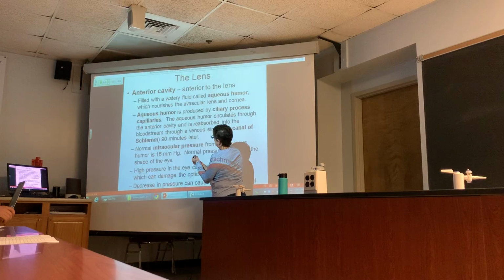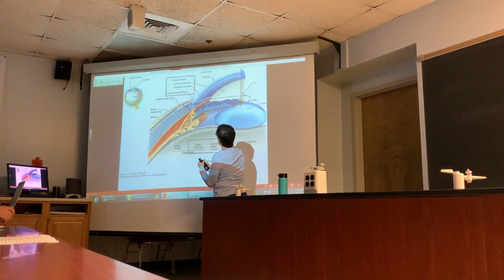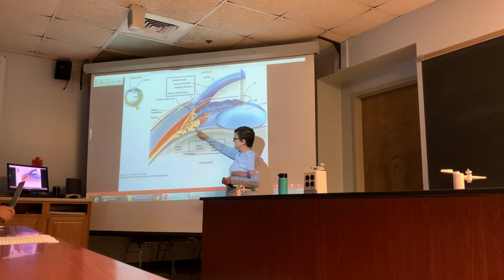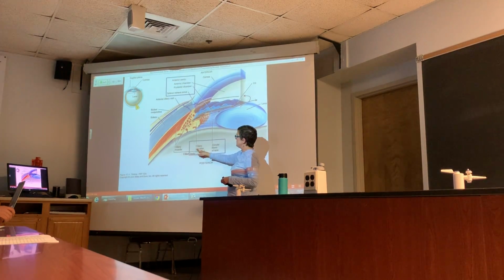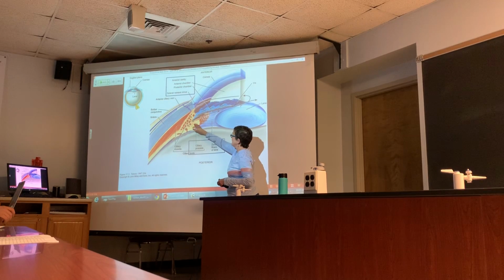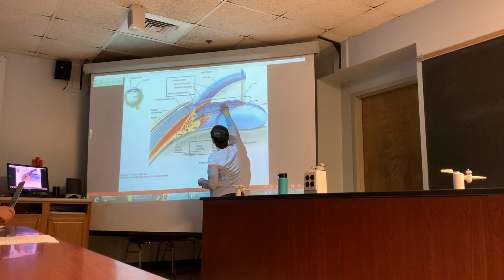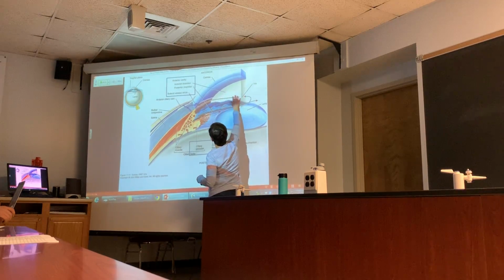This is just talking about pressure and all that. But again, remember I told you the ciliary process of the ciliary body produces the aqueous humor. The aqueous humor is released into this posterior chamber of the anterior cavity, and then it continues to circulate into the posterior chamber.